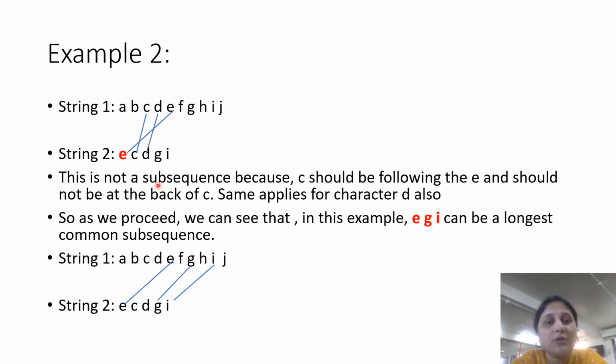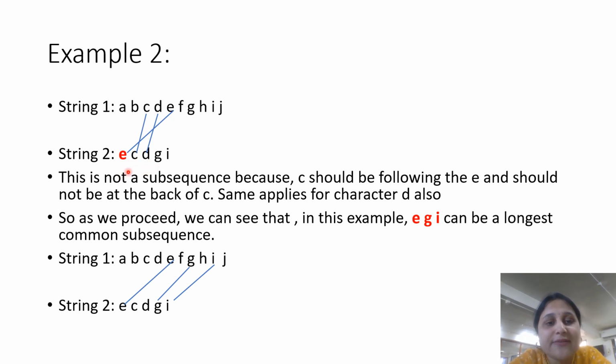Similarly for D also, D should appear after E and not before E. So we can say that this is not a longest common subsequence, but yes, there can be a different set of characters which may be a part of the longest common subsequence. So here we have discarded C and D as they are coming before E in string 1 and after E in string 2.